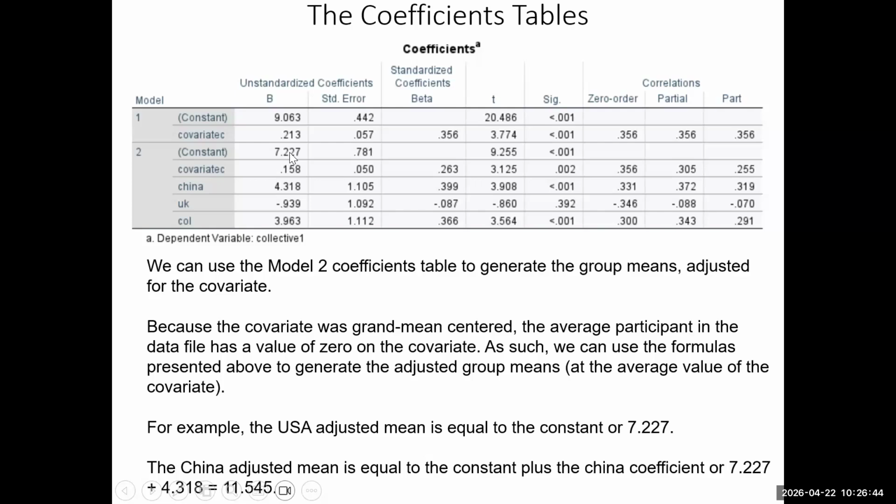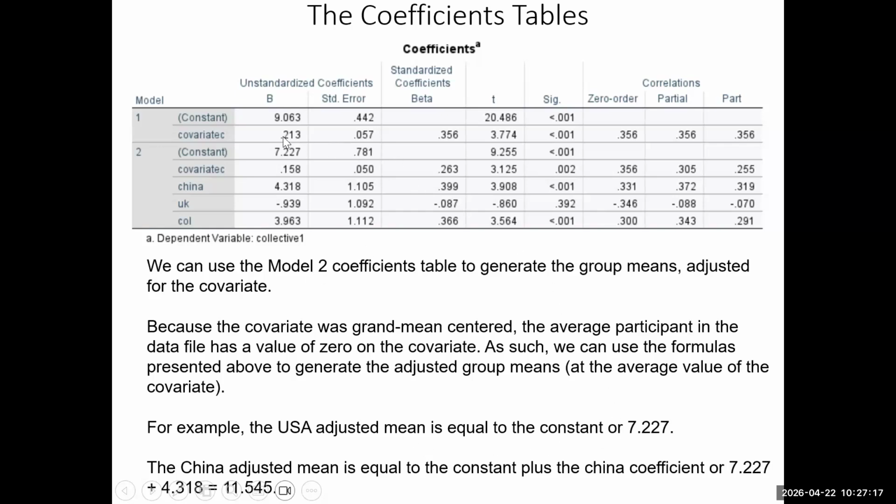Now, similar to what we did originally, we could use the unstandardized coefficients to help us solve for the means in each of the countries. Now, I grand mean centered the covariate, which means that the average study participant is coded 0 on the covariate. And so we could use the same equations we looked at before to figure out the adjusted group means.